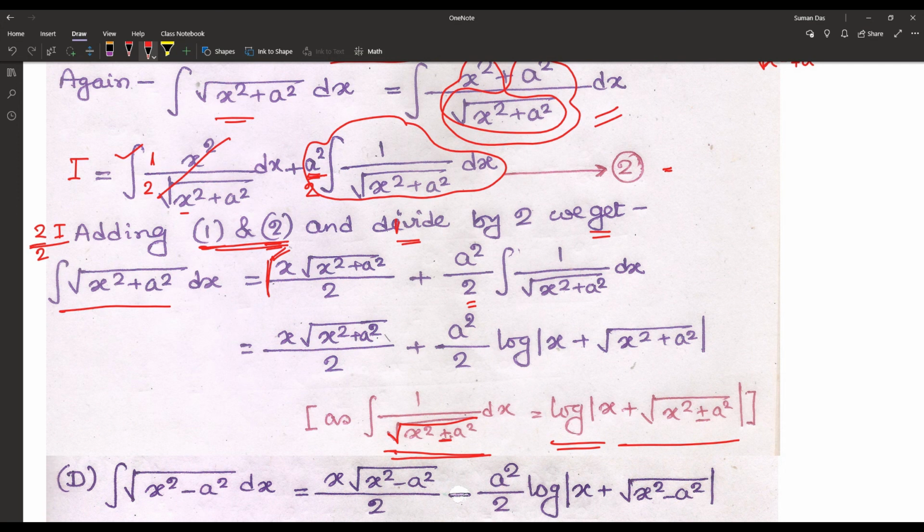So we are writing it with only the plus here. So that is the derivation of the formula for the integration of square root of x square plus a square dx.